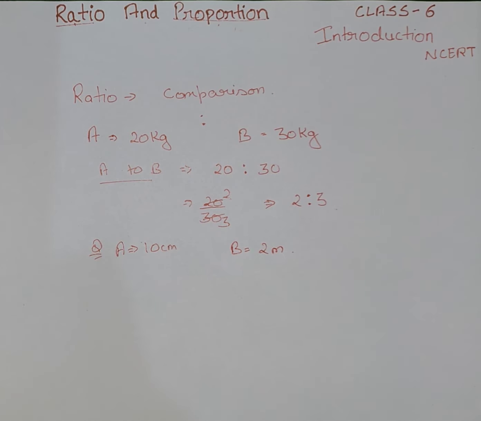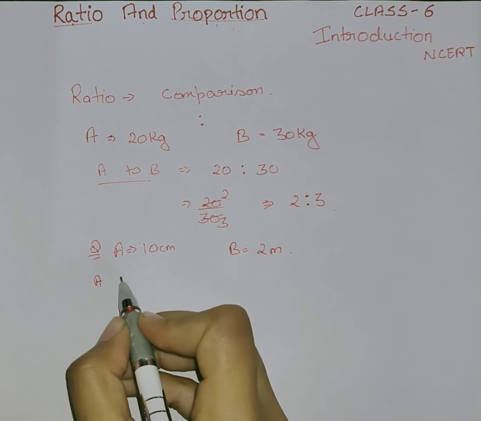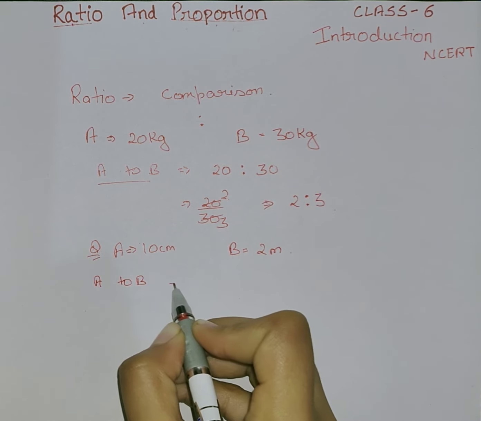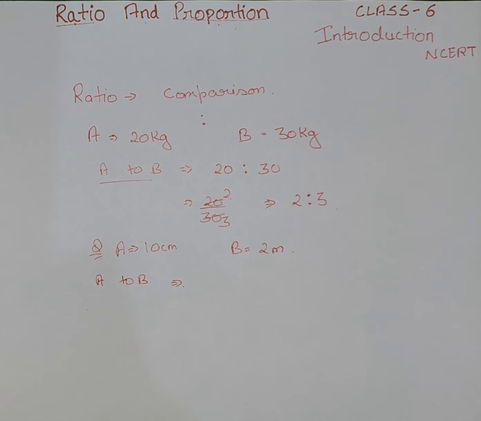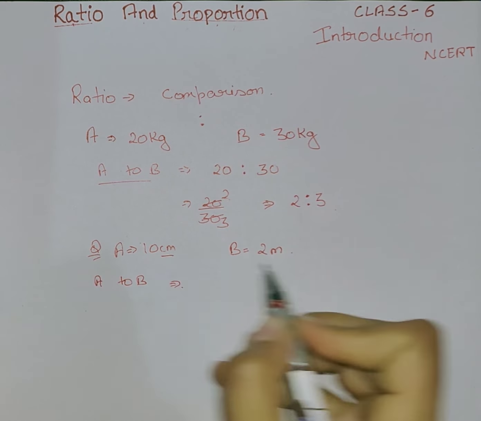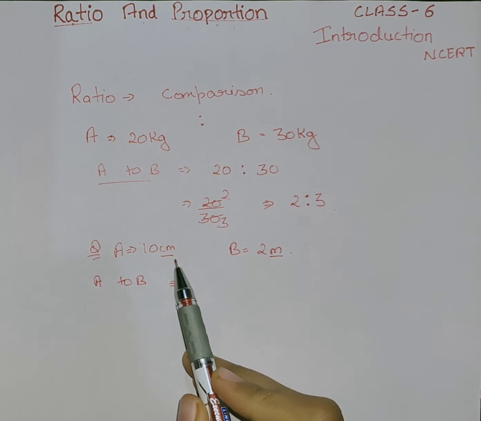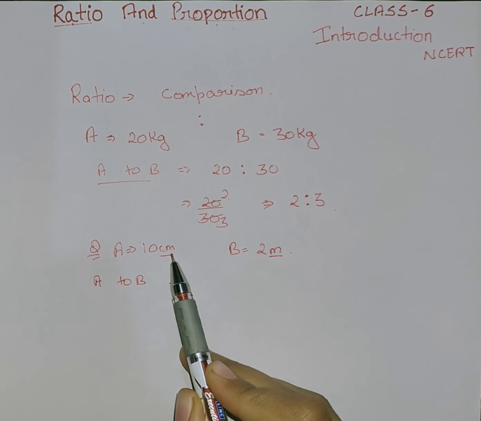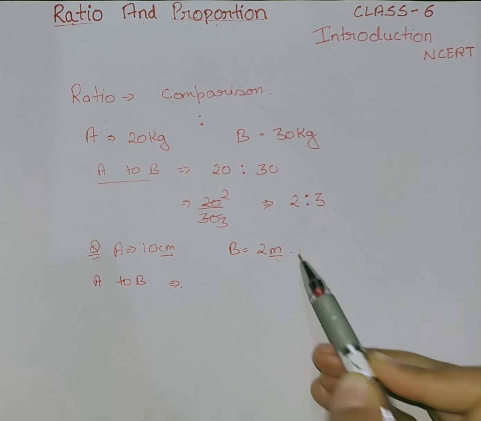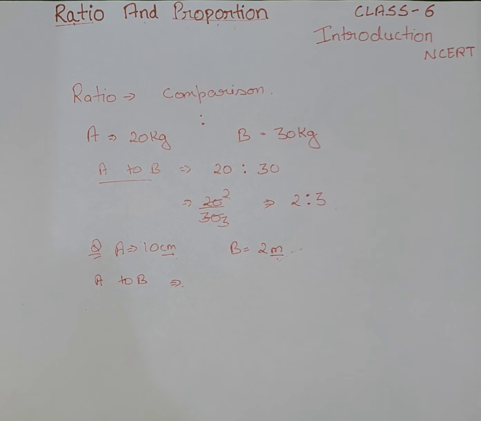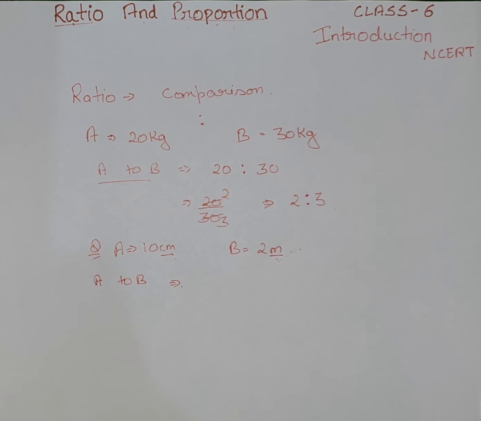And it is asking the ratio of A to B. Now before taking out its ratio, we have to make sure that the units behind them are the same. But here the units are different. The unit for A is centimeter and for B it is meter. So first thing we will do is convert both to the same units.